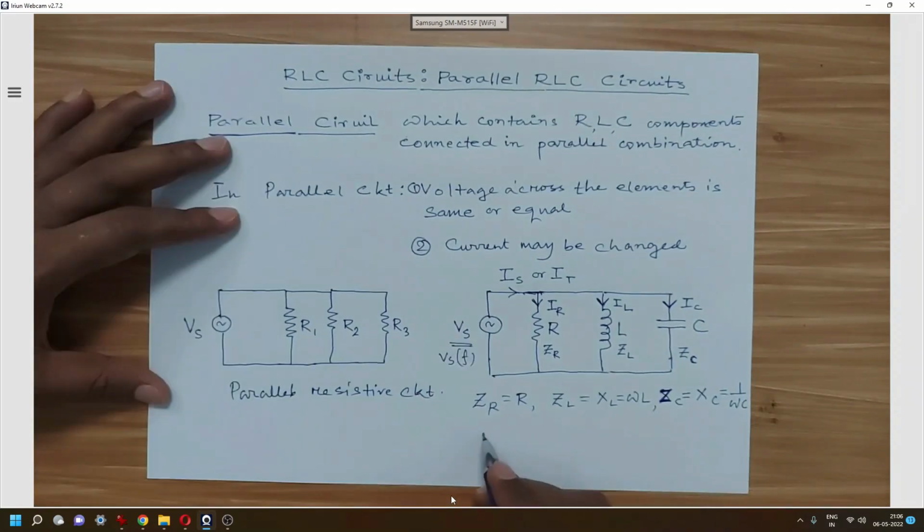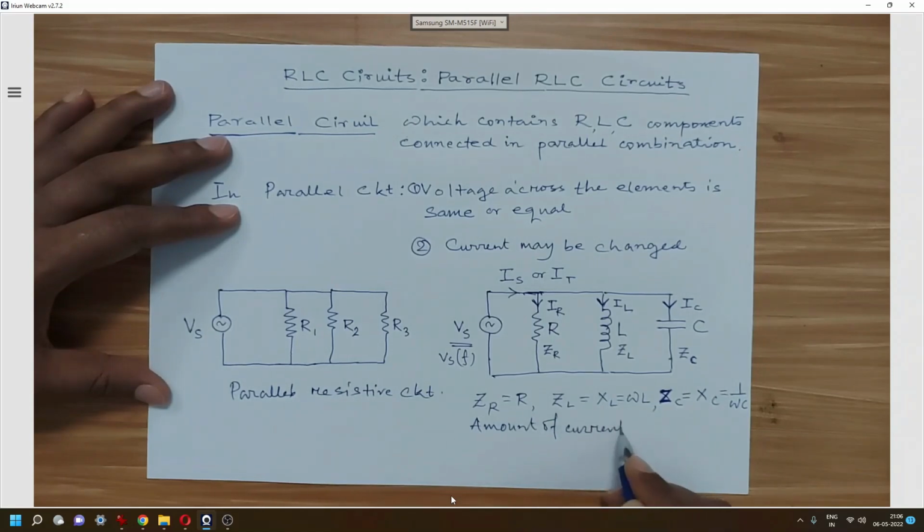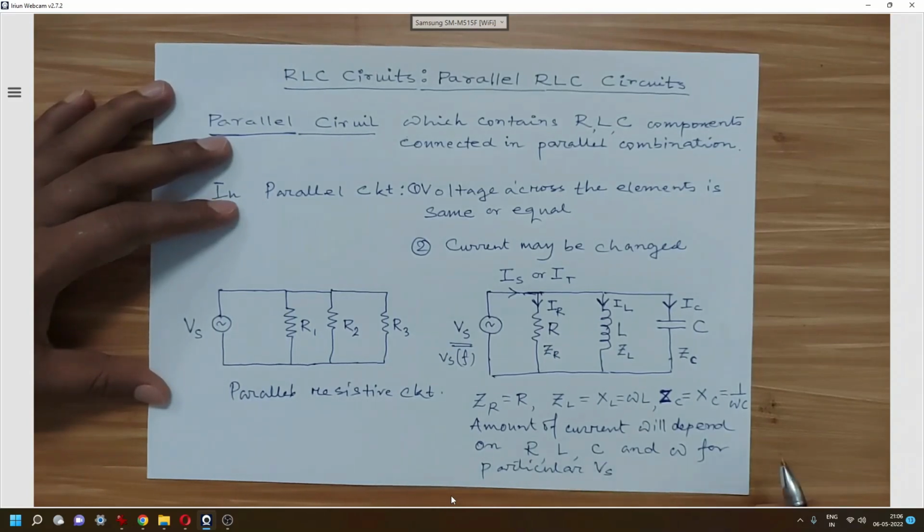And now the amount of current will depend on R, L, C and omega for a particular Vs.